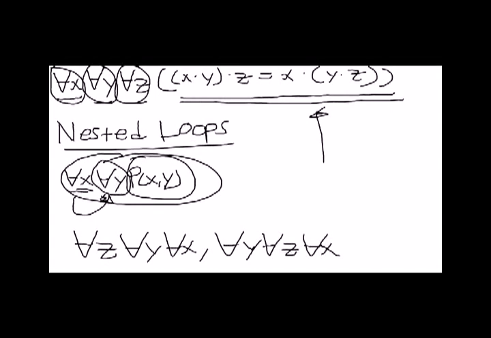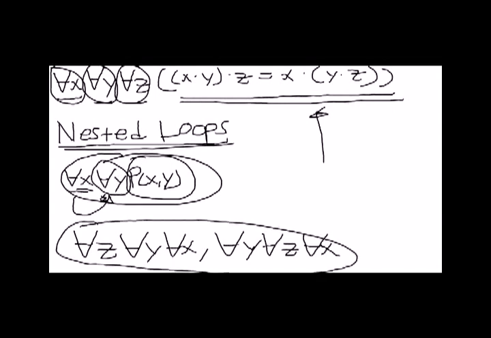If you apply the same logic of nested loops, this transformation suddenly makes sense. If we iterate through each value of x, and for each value of x we iterate through each value of y, and for each value of y we iterate through each value of z, then we will check that this predicate holds true for all combinations of the variables x, y, z.